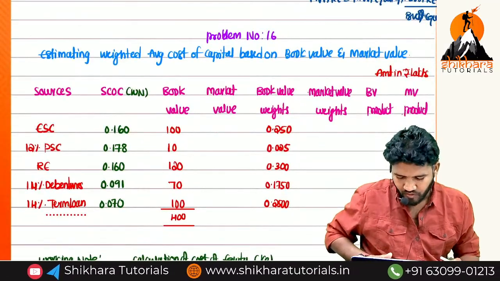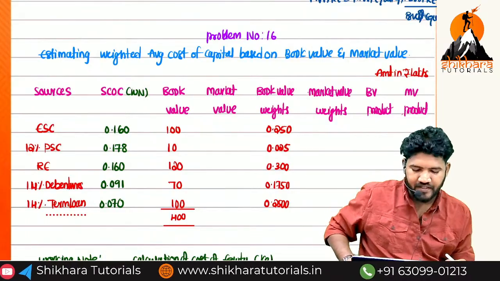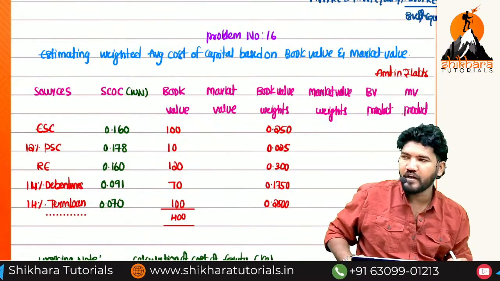Now you know the specific cost of capital and book value of weights. If you multiply the two, you will get what, ma? Book value of product.